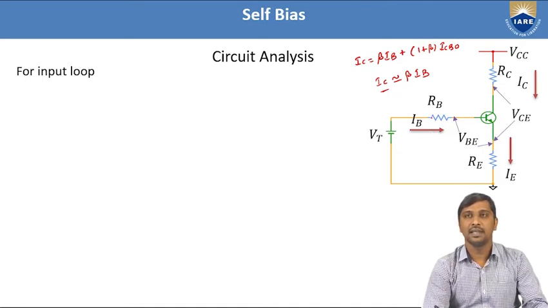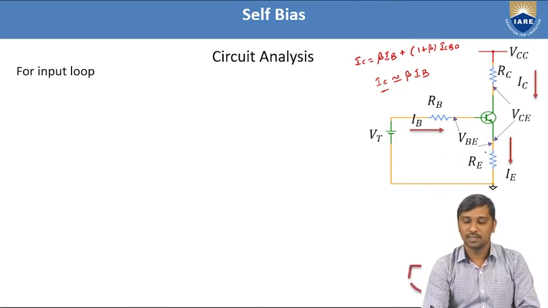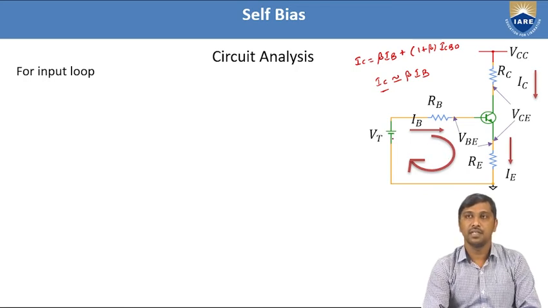To determine this base current, I am going to apply the KVL principle at the input loop. The input loop starts from VT towards the base, through the base resistance, towards the emitter, then through the emitter resistance towards ground potential.